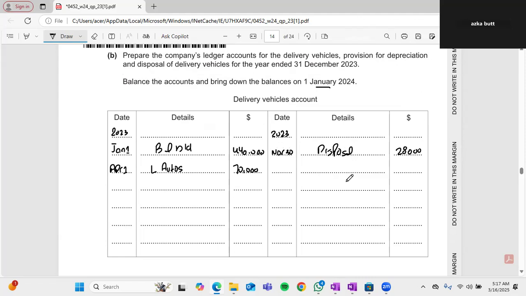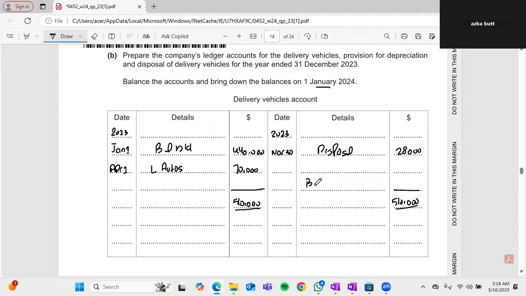So now what is the total of the debit side? This is equal to 510,000. And now deduct the credit side of disposal, which is 28,000.